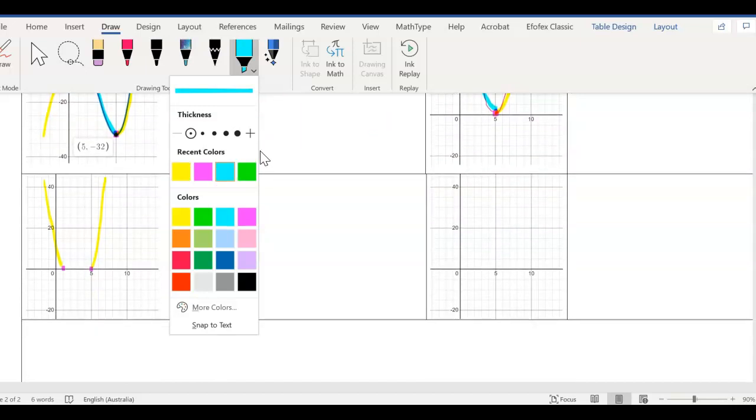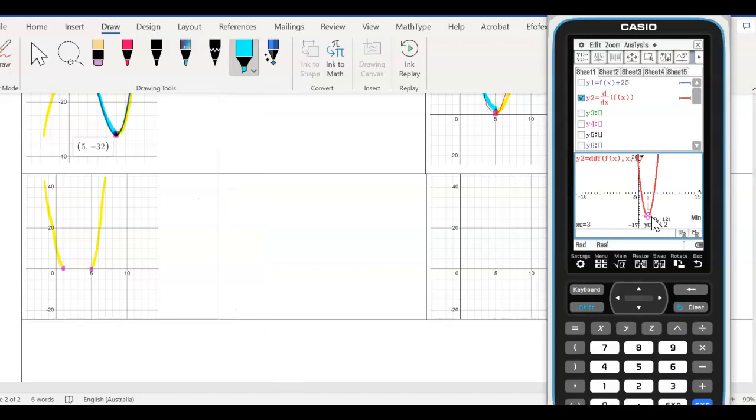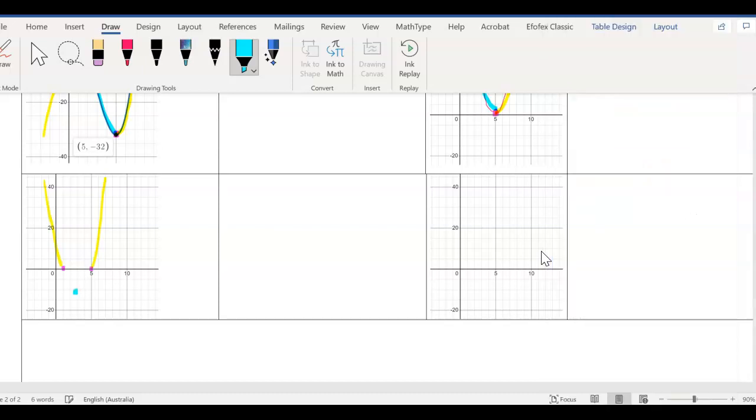Now, instead of just drawing it willy-nilly, you can say, oh, I know that that turning point is 3, -12. So halfway between 1 and 5 is 3, and then it's going to be at 12. So you could do that by substitution as well.